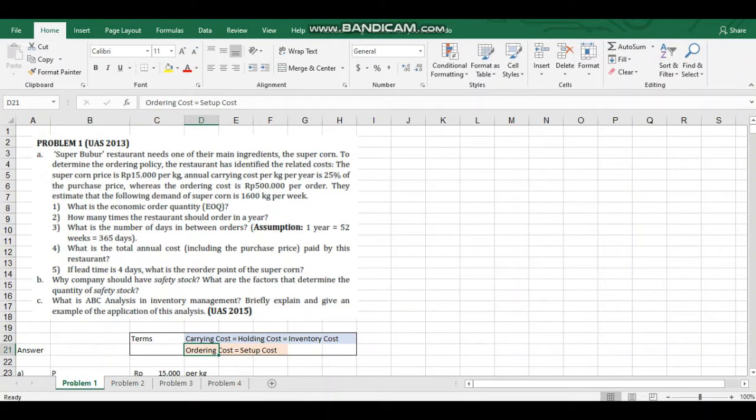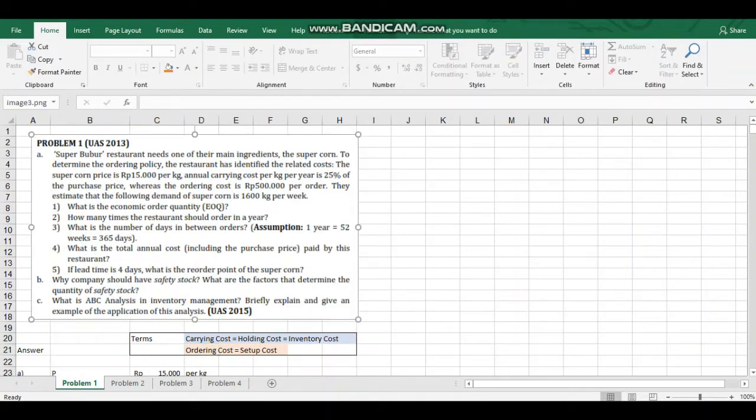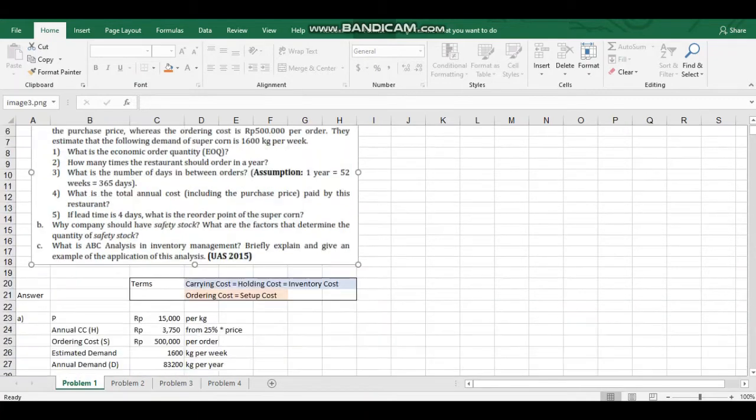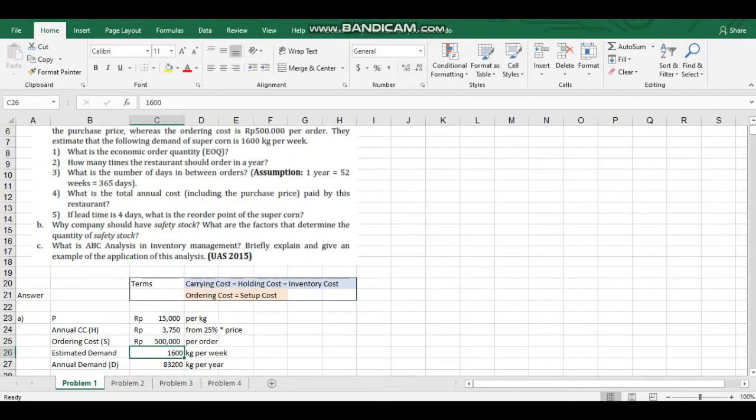Next, they estimate that the demand for super corn is 1,600 kilogram per week. That's the estimated demand per week.